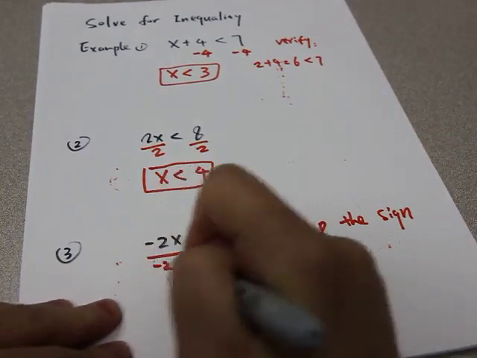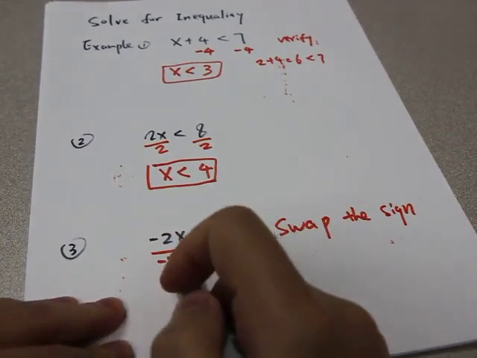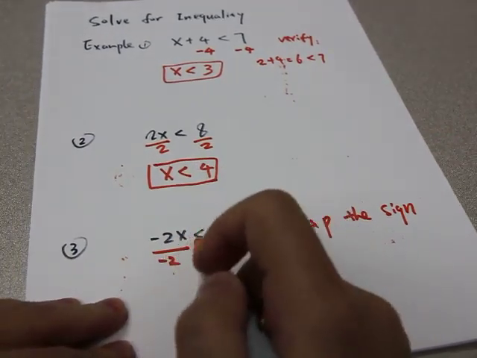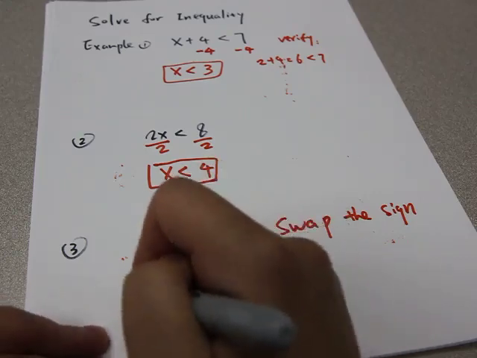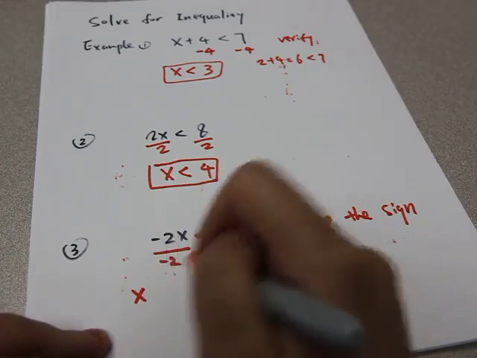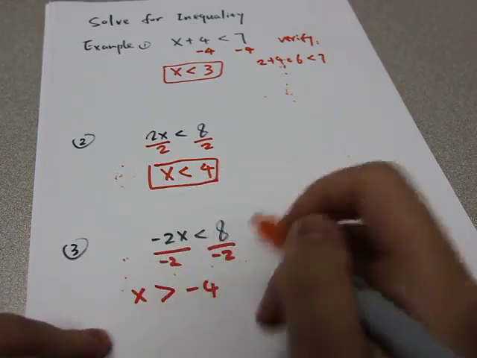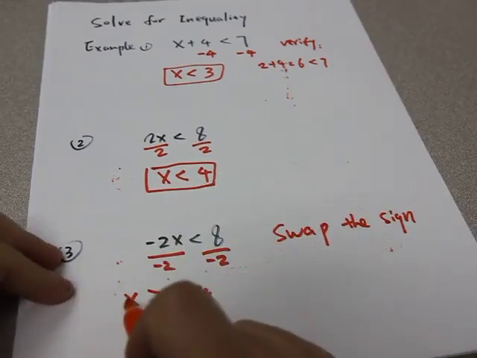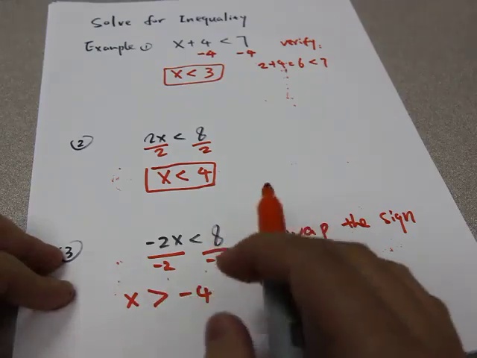Because here I divide both sides by negative 2, after I do this, I need to change the sign into greater than negative 4. So the solution is x is greater than negative 4.